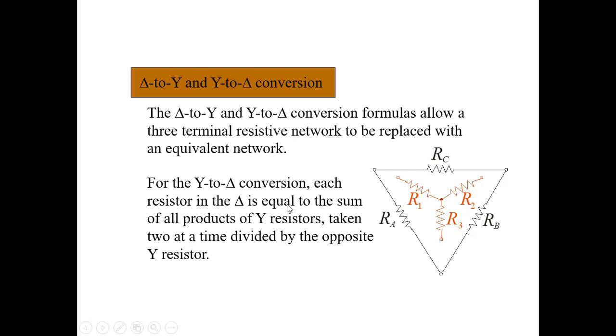So it is equal to the sum of all products of the Y resistors taken two at a time, divided by the opposite side. So R1 into R2 plus R2 into R3 plus R3 into R1, divided by, if we want to find the value of this Ra, the opposite side, which is R2.